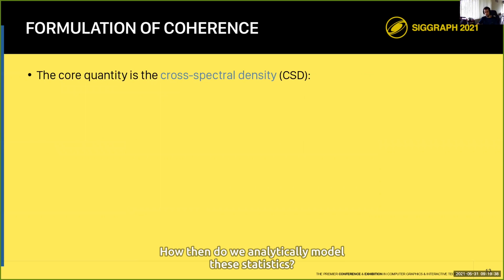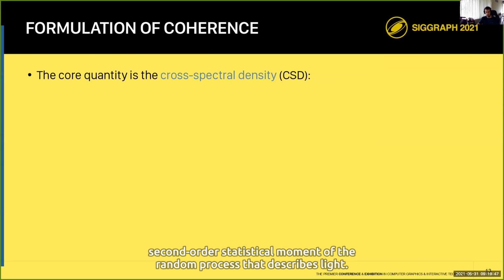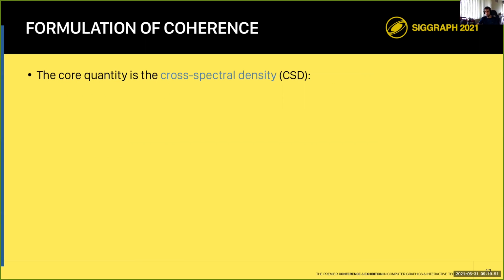How then do we analytically model these statistics? The core quantity is a temporal Fourier transform pair of the second-order statistical moment of the random process that describes light. This quantity is known as the cross-spectral density function, CSD for short.